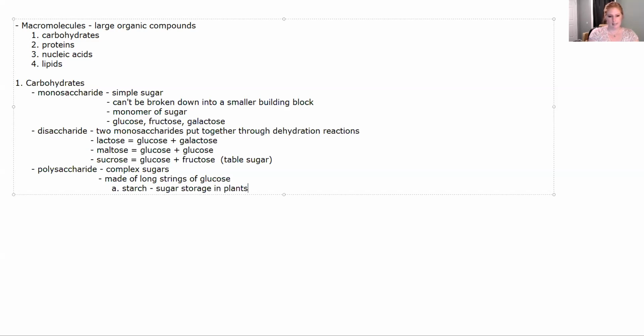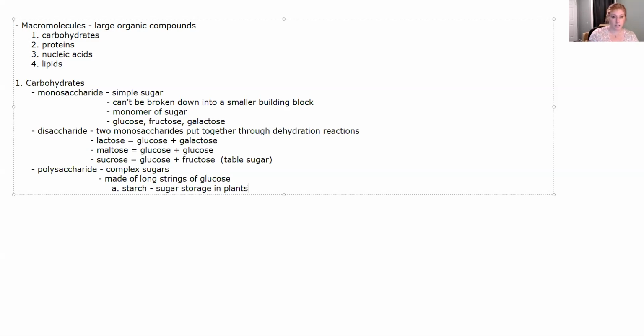So if you think about a potato, potatoes are basically plants whose cells are loaded with starch. So when you consume a potato or something potato related, you're just eating starch.